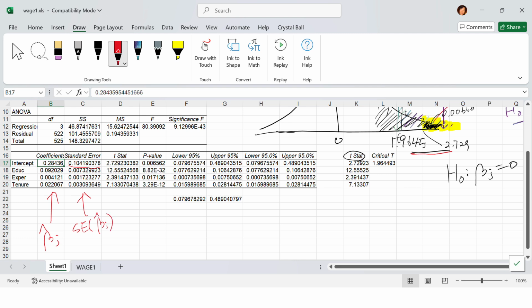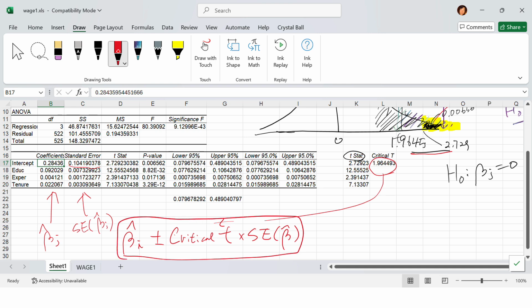This t-test is our current t-test, but what we need is the critical t. So the confidence interval will be beta hat plus or minus the critical t times the standard error of beta hat.